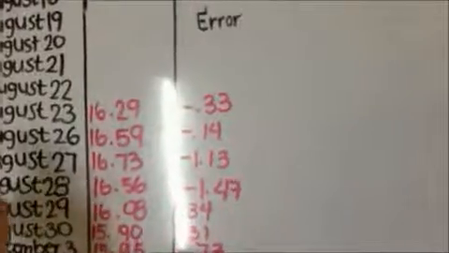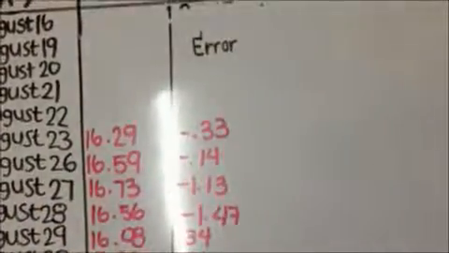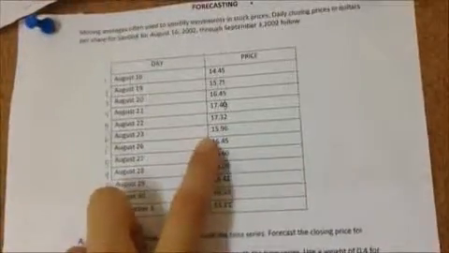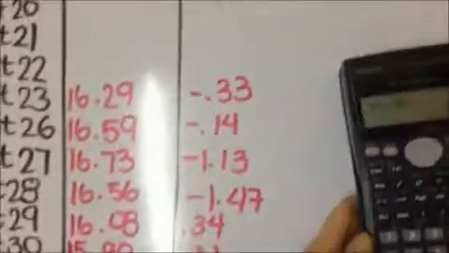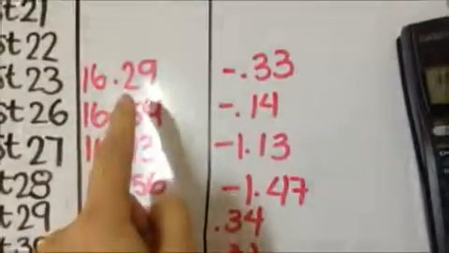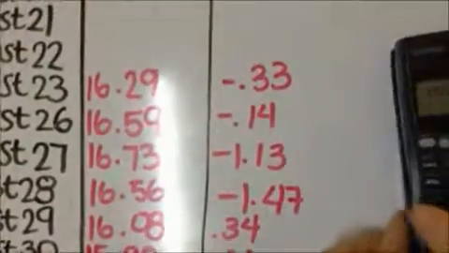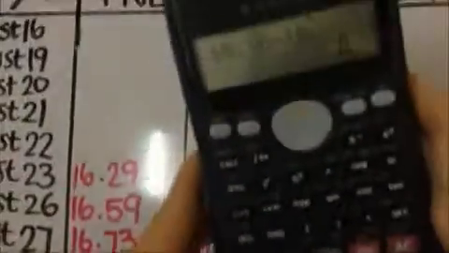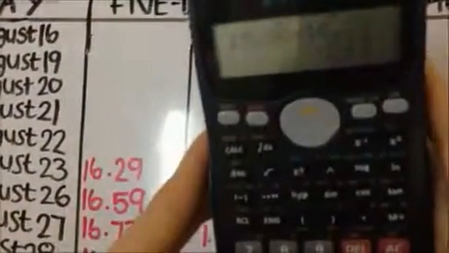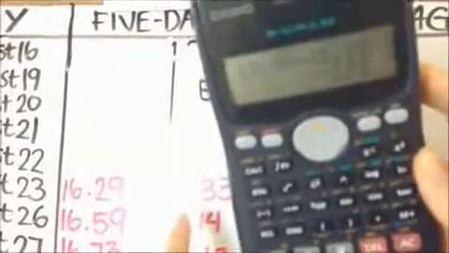So the line of 6, we are going to get the data of number 6, that is 15.96 minus the one in the 5-day moving average, that is 16.29. So the error is negative 0.33.